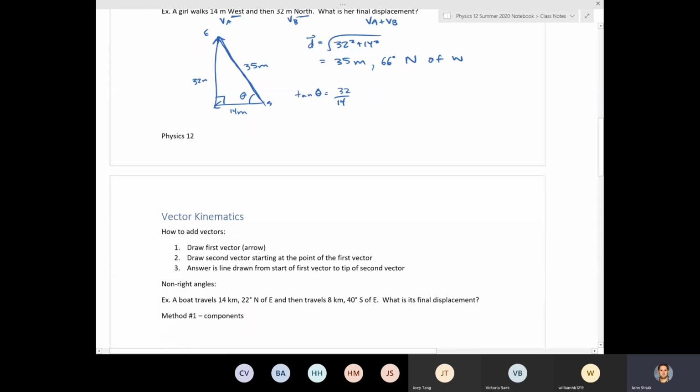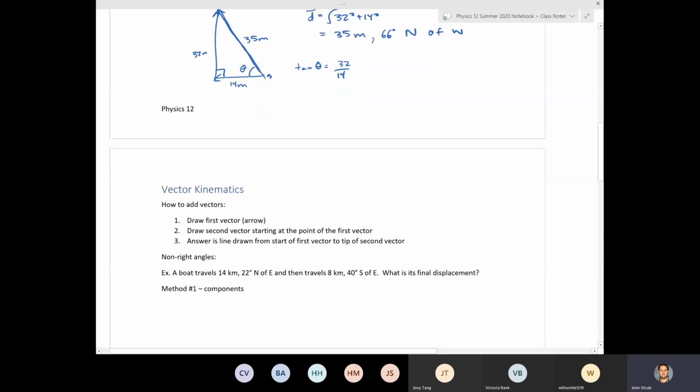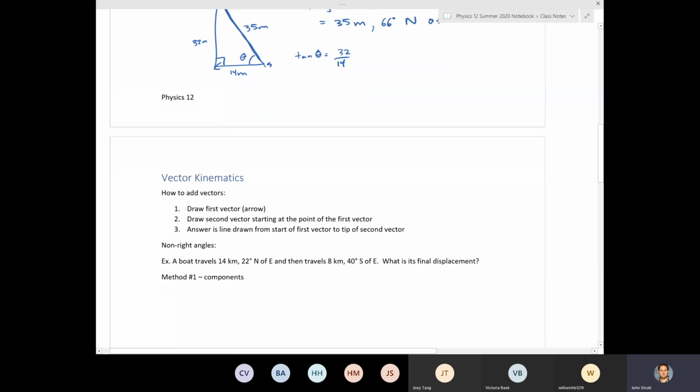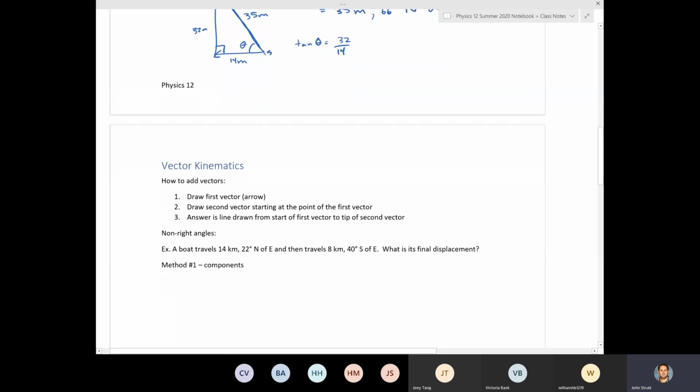Okay, so summary, how to add vectors. You draw your first vector as an arrow, obviously, and then you draw your second vector starting at the point of the first vector. So the point of the first vector is the tip of the arrow. And so all you're doing is drawing the second arrow coming from the first arrow. And then the answer is a line drawn from the start of the first vector.